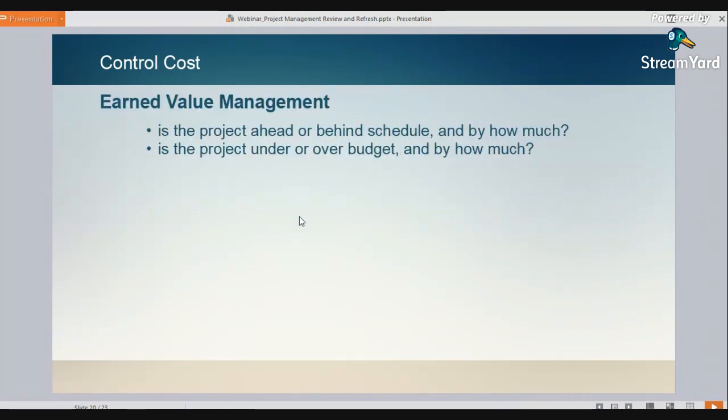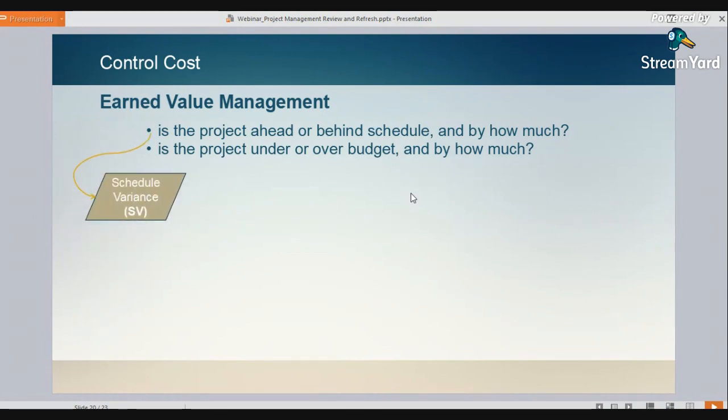So let's start with earned value. It answers two questions. Is the project ahead or behind schedule, and by how much? What is our status relative to schedule? And is the project under or over budget, and by how much? What is our actual spending as compared to our baseline?